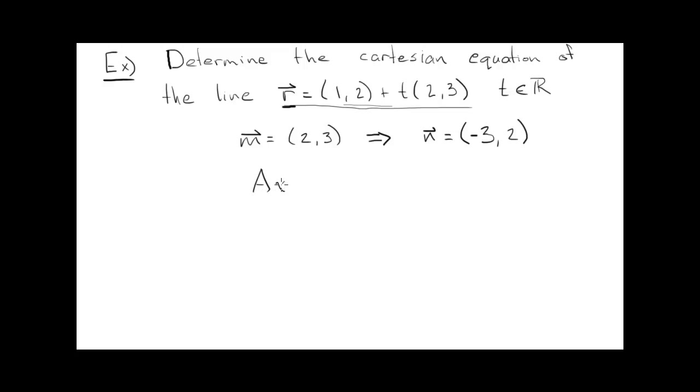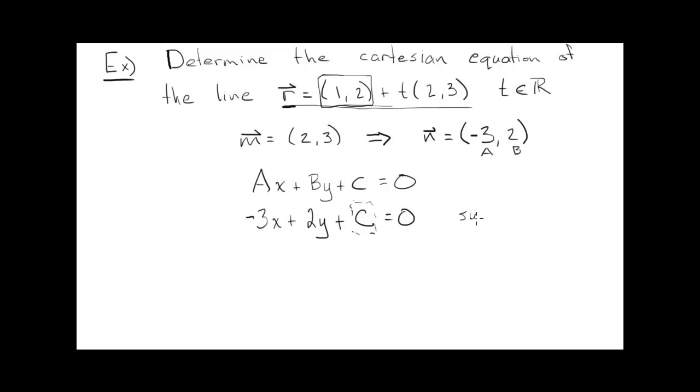So we know the Cartesian equation looks like this: ax plus by plus c equals 0. And we said earlier that this is a and this is b. So negative 3x plus 2y plus, now this I don't know, c equals 0. Now how do you get c? Well, we know an x and a y, so just sub in the point (0, 1/2).